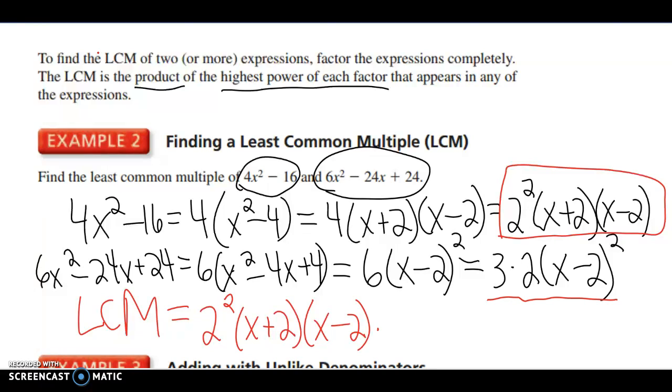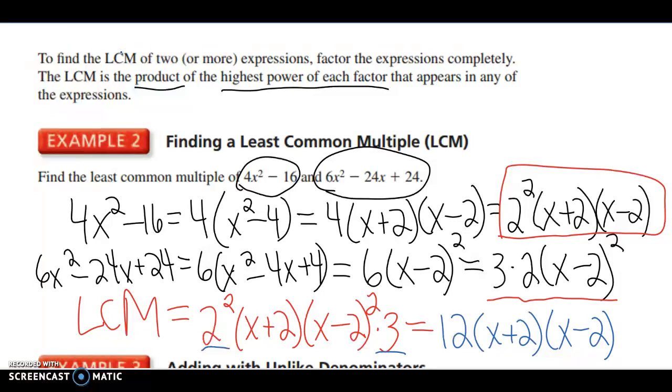I'm missing the times 3, I've got a 2, and I'm missing squared from the x minus 2. So now if I simplify that, I'm going to just do 3 times 2 squared, which is just 12. And then I'll have x plus 2 times x minus 2 squared. This is the LCM.